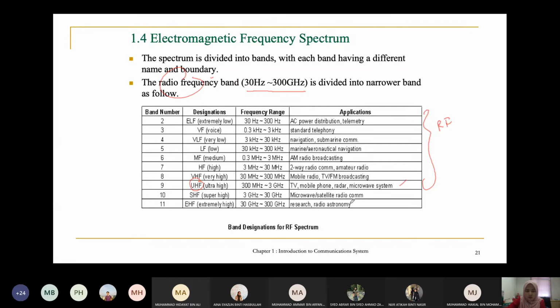For astronomy, it uses extremely high frequency, from 30 giga until 300 gigahertz. For submarines, underwater, we use very low frequency, from 3 kilohertz until 30 kilohertz.